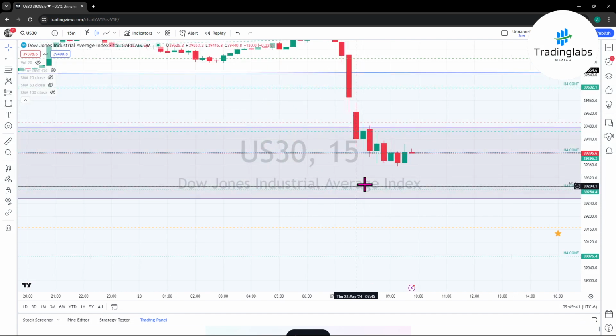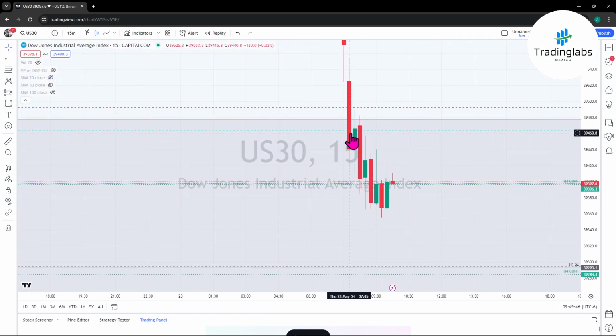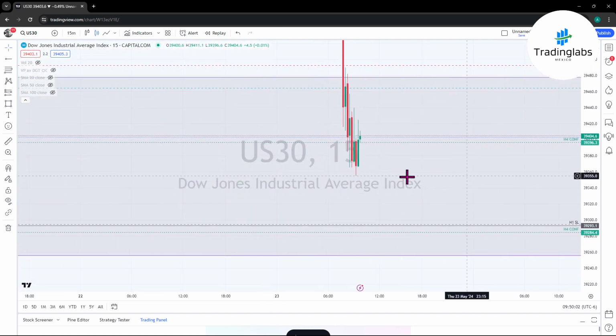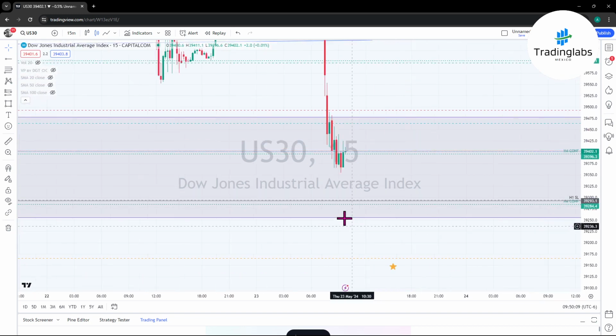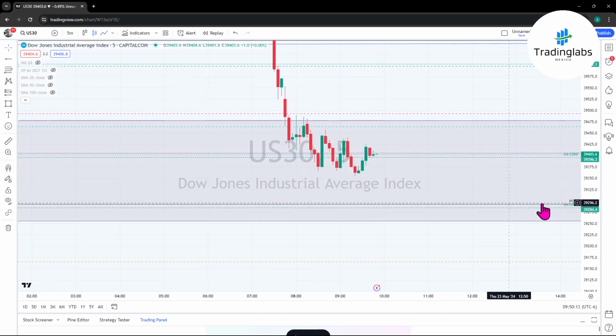Let's go to 15 minutes. We saw that the bulls came in and wanted to go up from this Fibonacci level, but the bears were stronger. Right now we are in the key H4 zone where maybe the bulls are trying to come in.